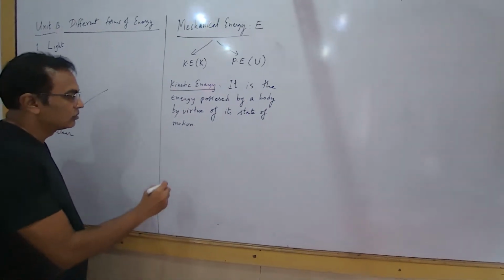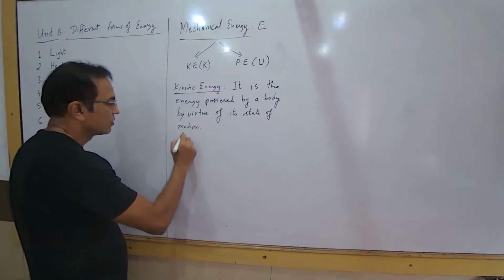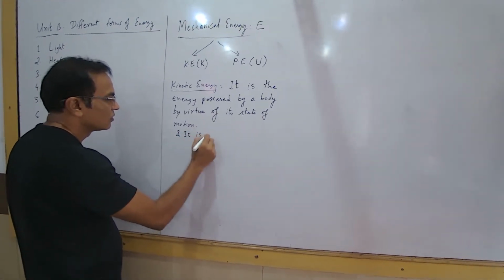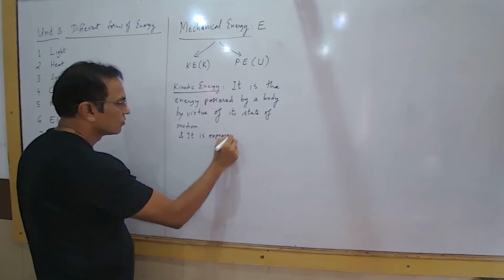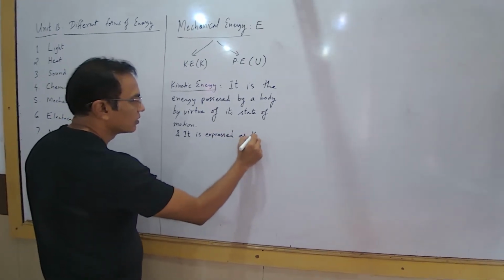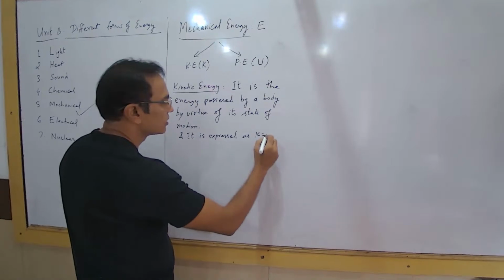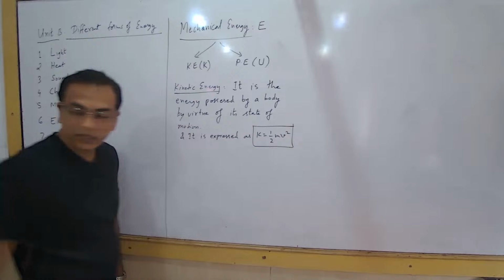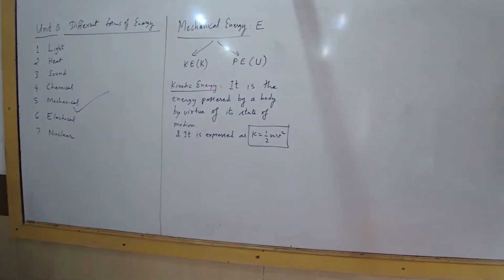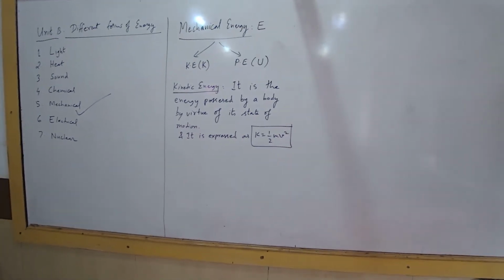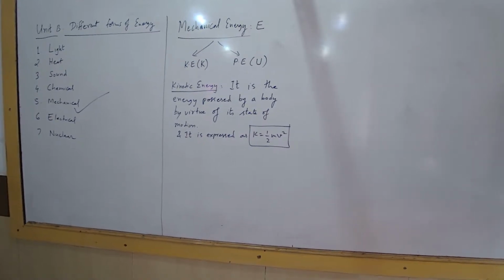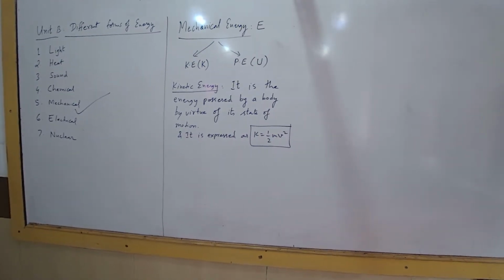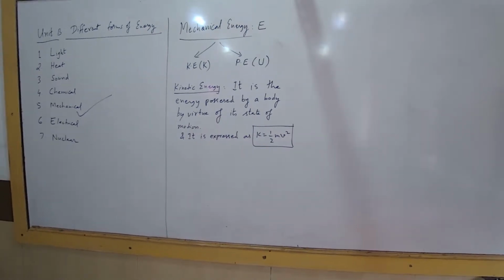It is expressed as follows: any body of mass m, if it is moving with velocity v, how much energy does it have? Half mass into velocity square, half m v squared. We will derive it. This is the kinetic energy possessed by it.